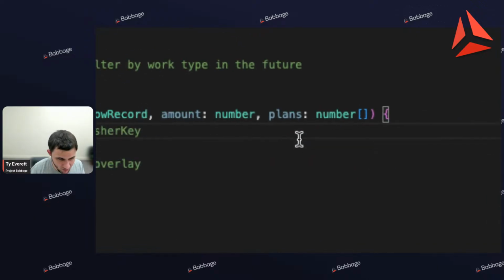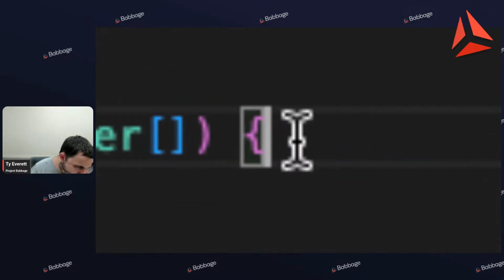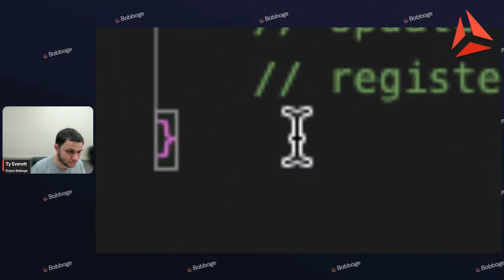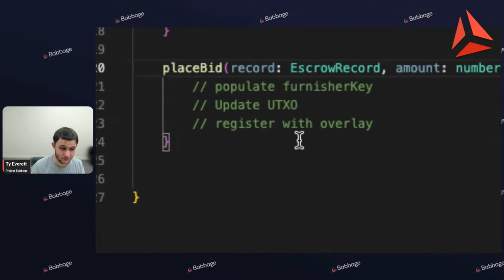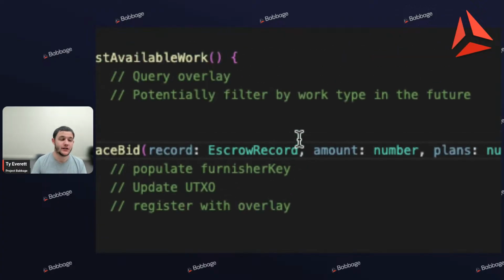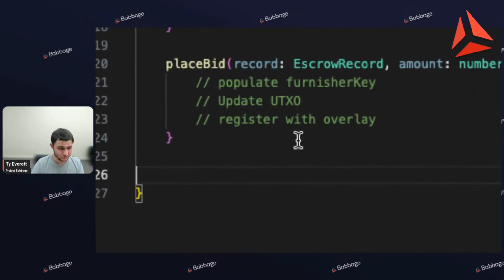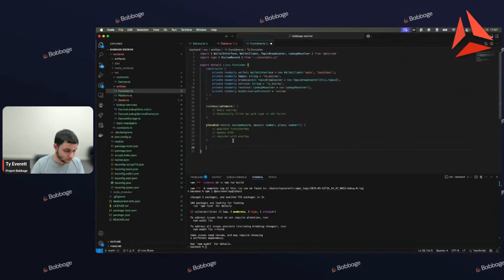Okay. So you give the contract you want to bid on. Now somebody has to accept the bid normally.